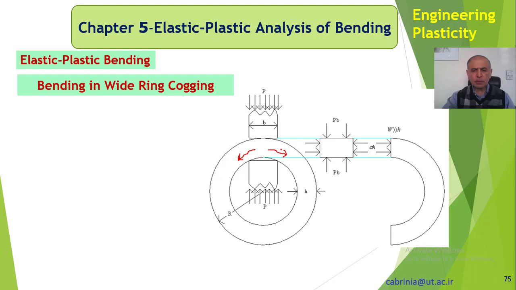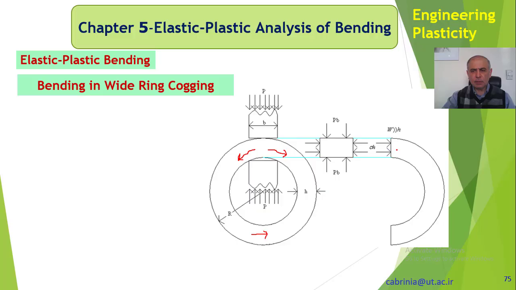So the material moves that way. When you push it like that, the ring expands. So we can consider half of the ring like that. When we push it like that, there is a force also from here. There's a force there as well.